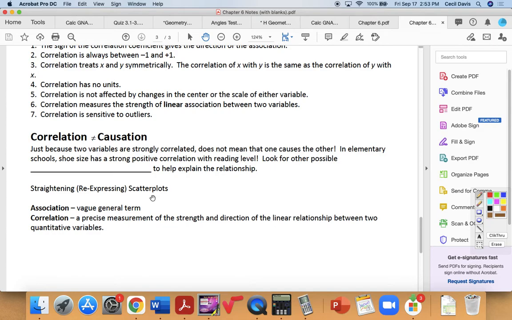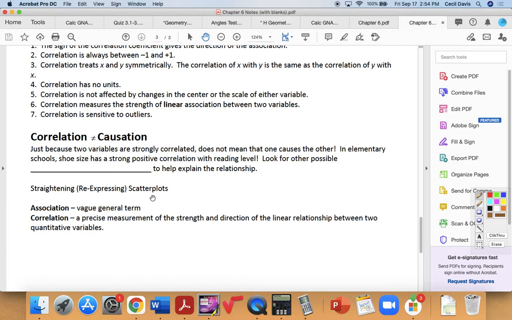We're also going to spend a lot of time, not in this section, but in another chapter, talking about what we do if the line's not straight. Because we can't do the analysis that we want to if it's not straight. So a lot of times we will apply some function to it. We'll take the square root, we'll take the logarithm, we'll do something like that in order to get data that's now straight. All right, so just remember not to mix up association with correlation.